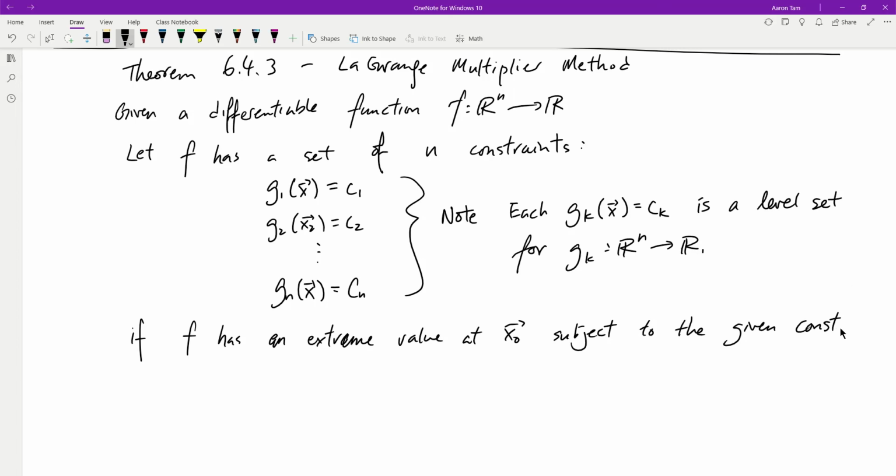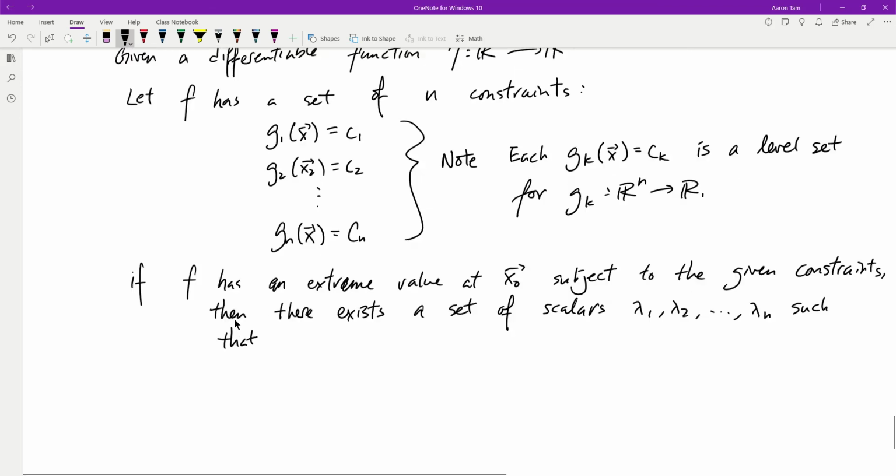That basically just means boundary critical points or boundary maximum and minimum.